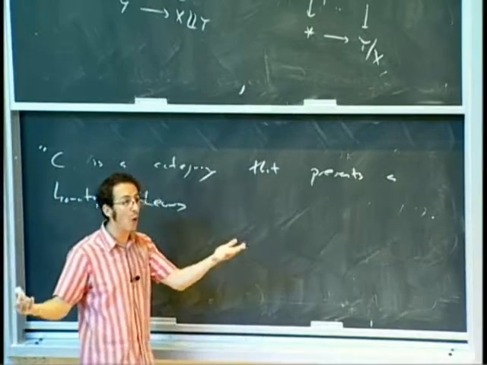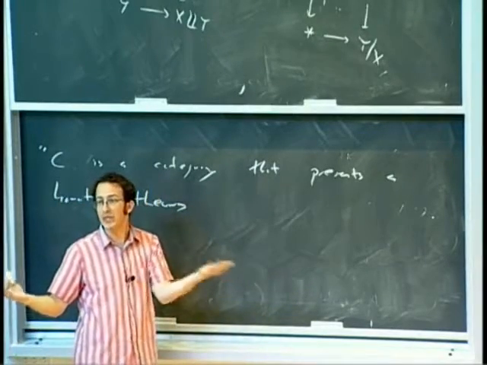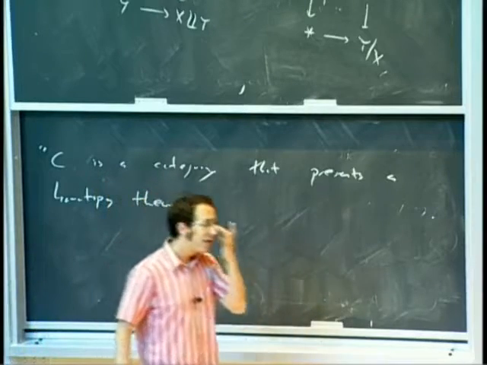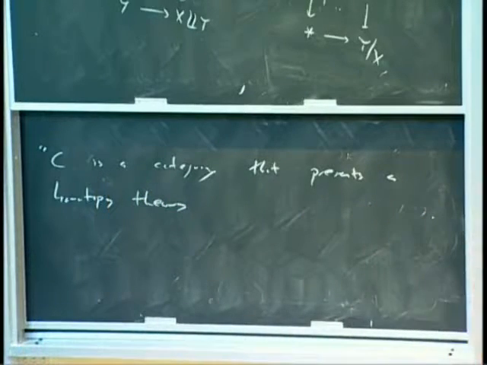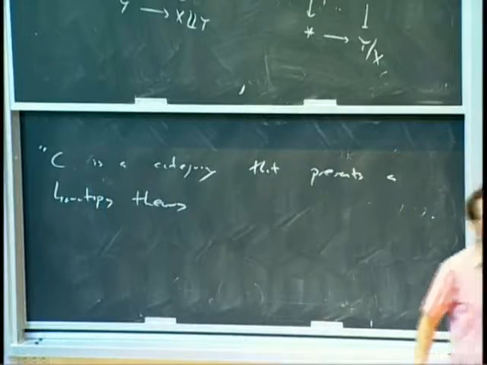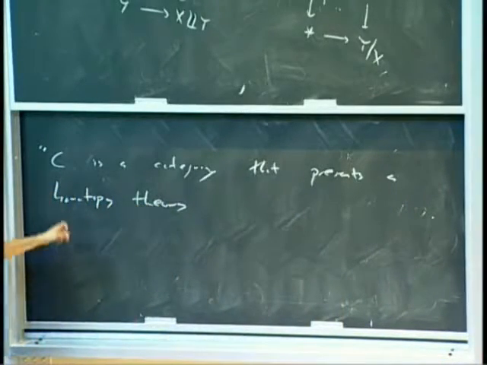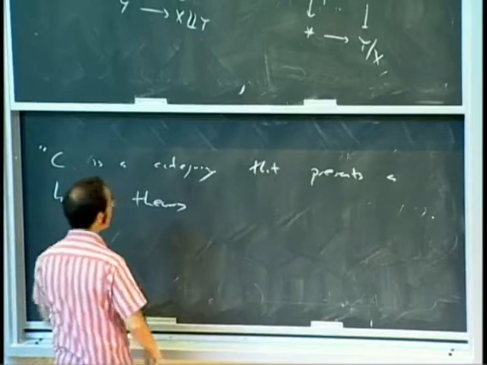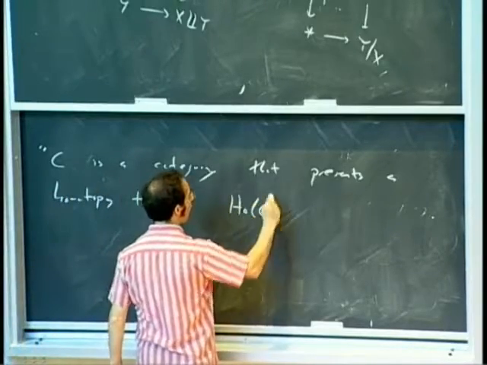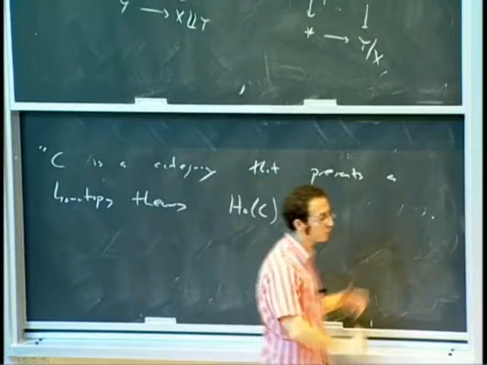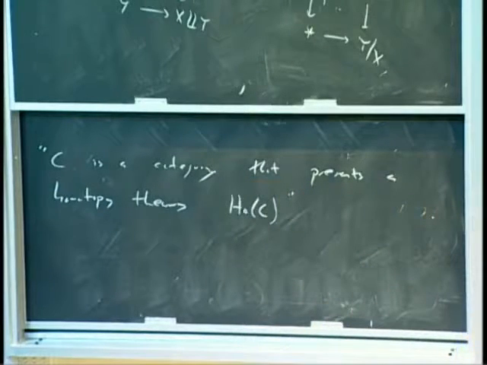Because we can form the homotopy category of C by formally inverting the weak equivalences. That's not necessarily set theoretically well behaved. I guess this is a small category, so maybe it is. But there are fancier ways to do that. But this presents a homotopy theory on C, and that's what the weak equivalences tell us. This is a relative category, in the language of that talk yesterday.